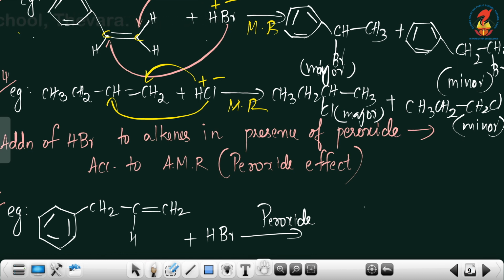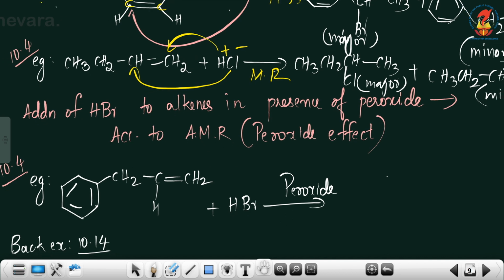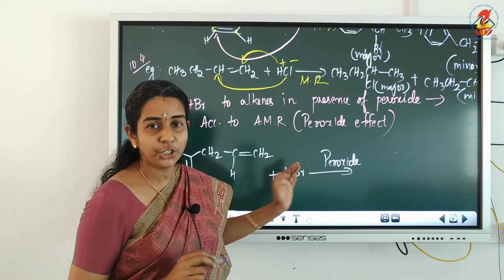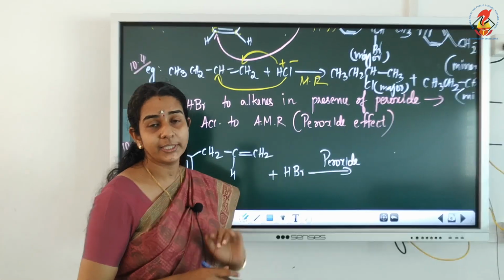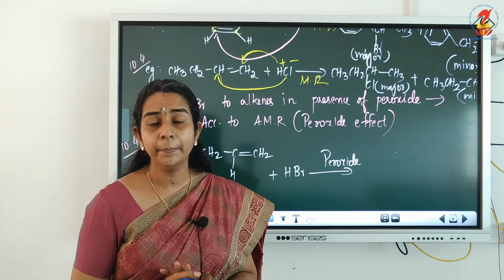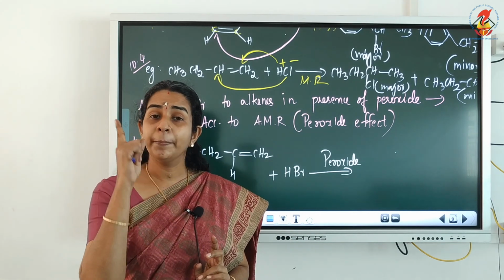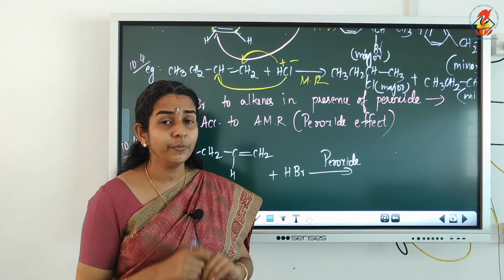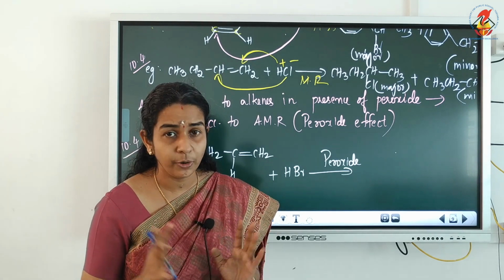Now, if an unsymmetrical alkene is given to add HBr in presence of peroxide, if there is only HBr present, we can add according to Markovnikov's rule. But if peroxide is written above the arrow, it is known as anti-Markovnikov's rule.